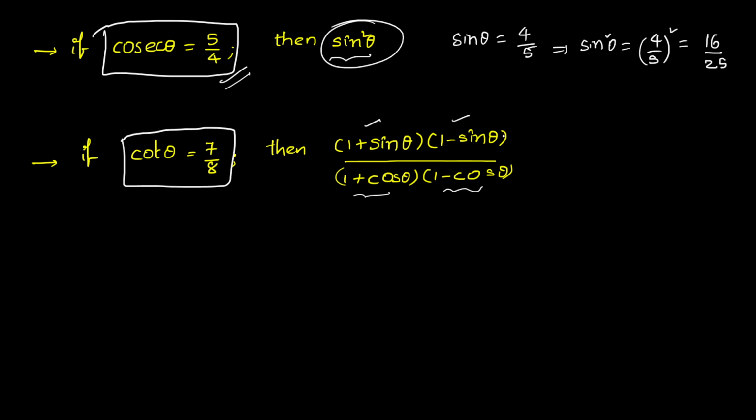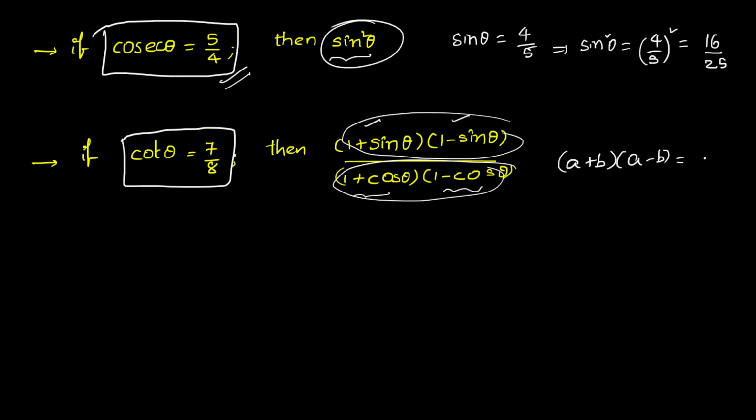See here, again the numerator and the denominator are in the form of a plus b into a minus b, and the formula for this is a square minus b square. If you compare the same thing with this given question, it will become 1 square minus sin square by 1 plus cos into 1 minus cos, which will become 1 square minus cos square, and we know that 1 square is 1.